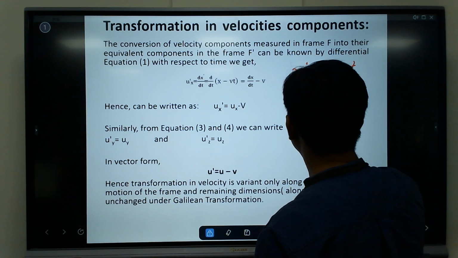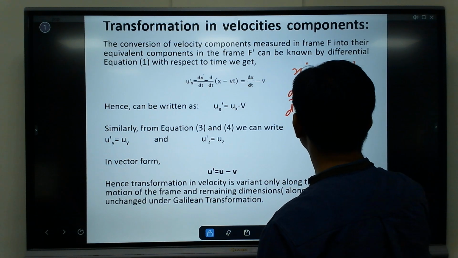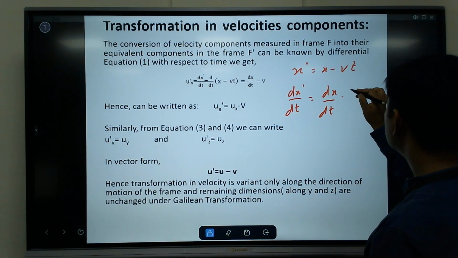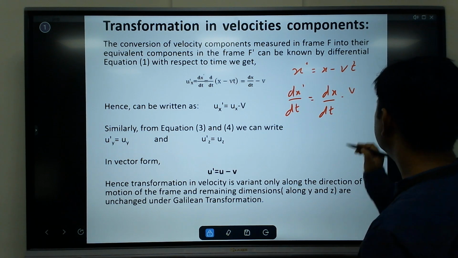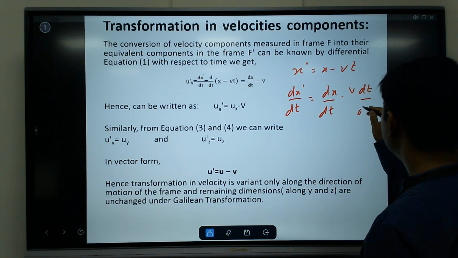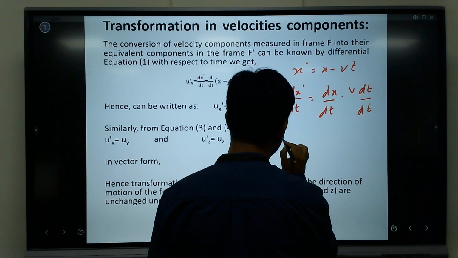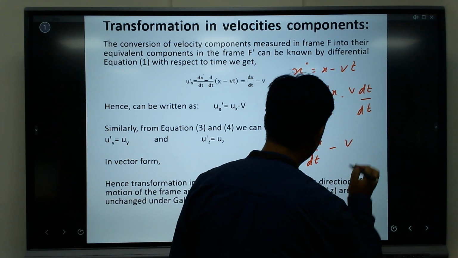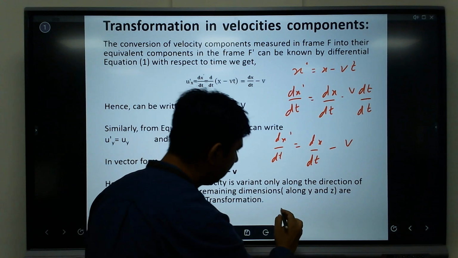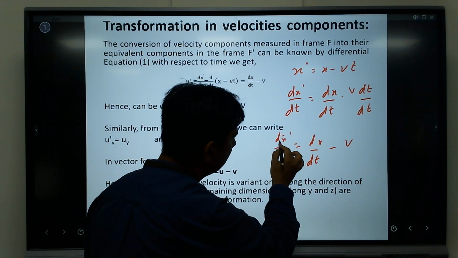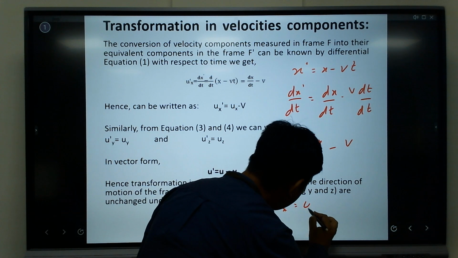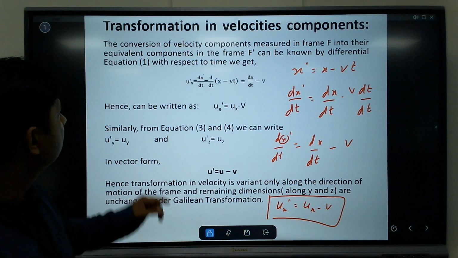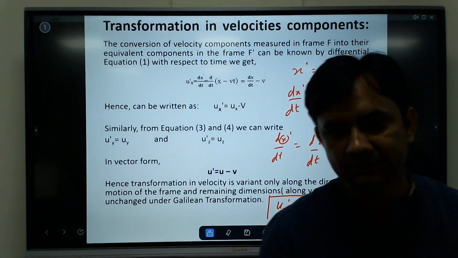So we differentiate: dx dash by dt is equal to dx minus v dt, and when I do this, my v will be a constant and dt by dt comes out to be one, so dx dash upon dt is equal to dx by dt minus v. We can write dx dash by dt as ux dash because it is in the direction of x, and we can say ux dash equals ux minus v. So this is my final answer. Transformation in the velocity component is very easy.